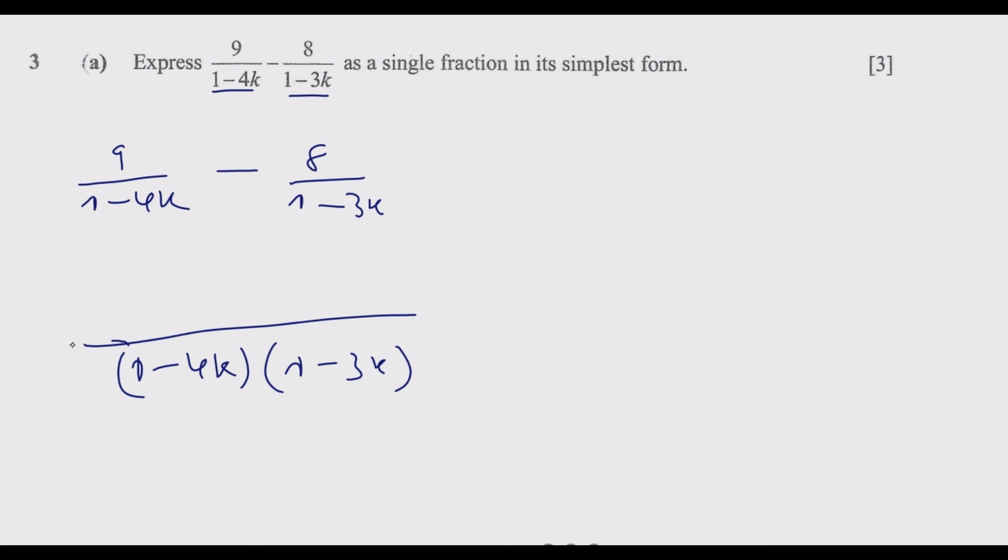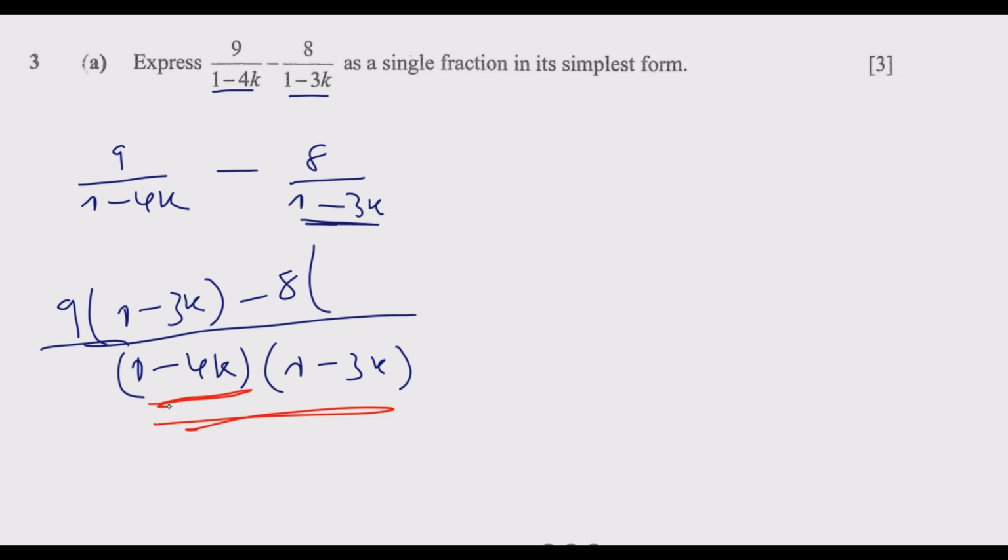So we have a 9 on top, multiplied by 1 minus 3k. That's what we are going to get. Next we go to minus 8, because of the negative we maintain that, so minus 8 multiplied by the remaining part, 1 minus 4k.